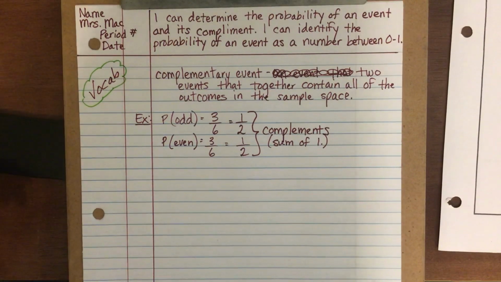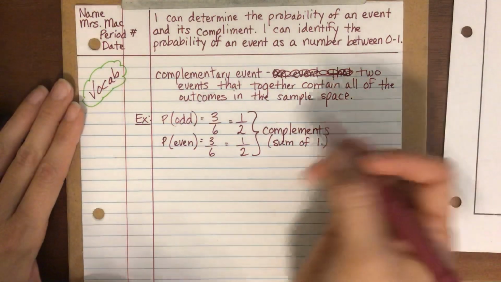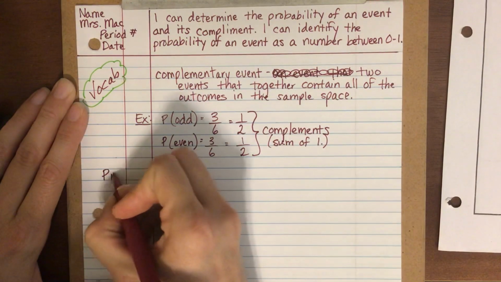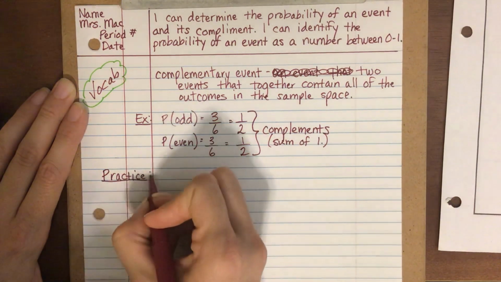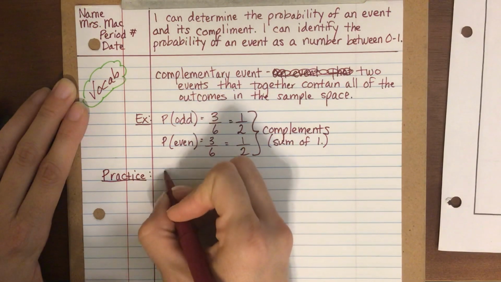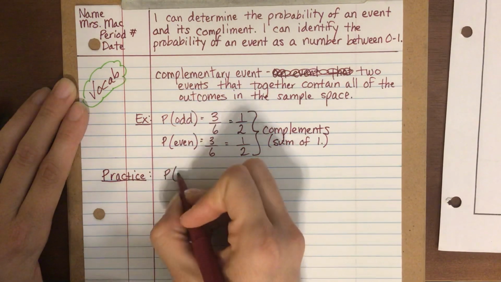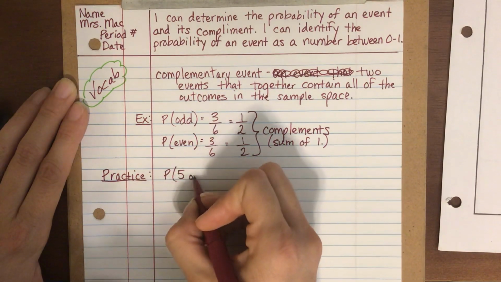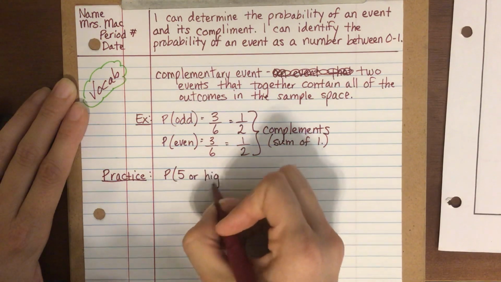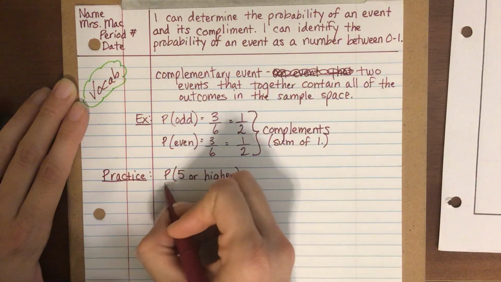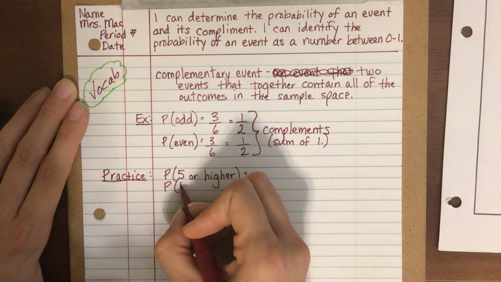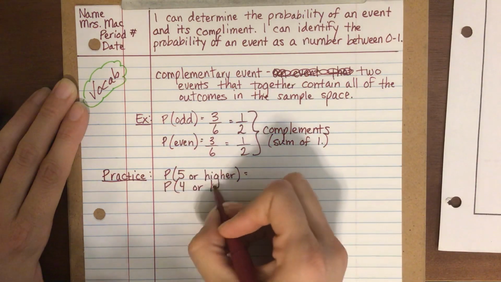So keeping that number cube in mind, I want you to practice one. So first I want you to find the probability of rolling a number that is 5 or higher. And then I want you to find the probability of rolling a 4 or lower.